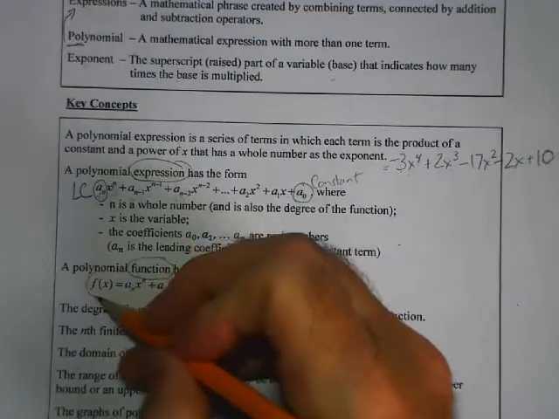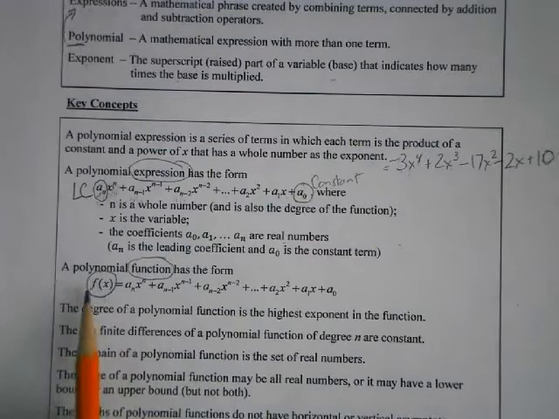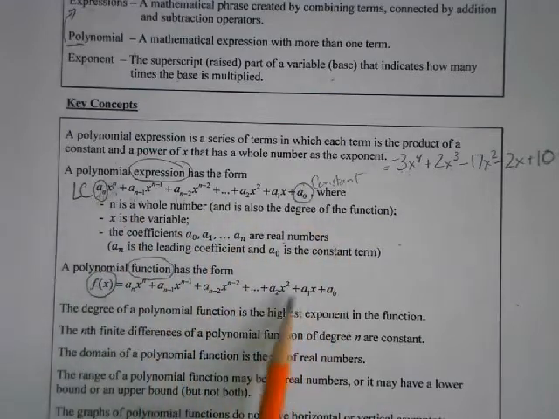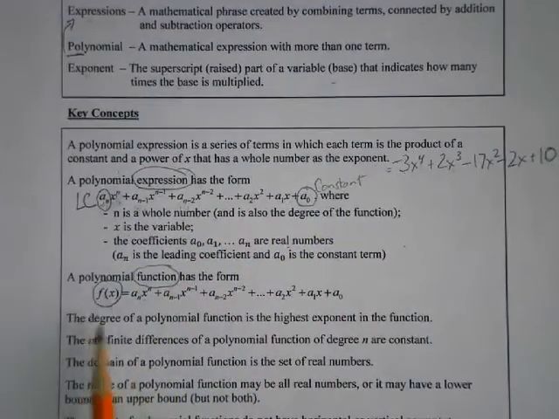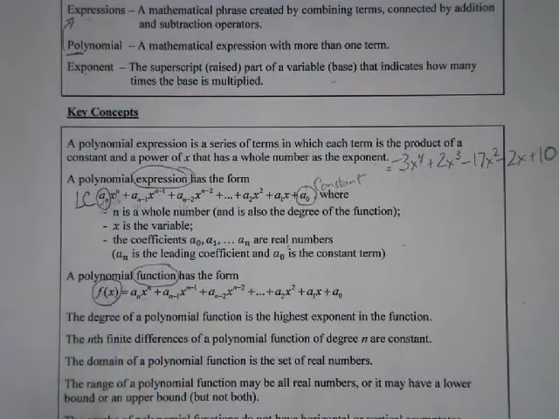So that tells us f of x equals, that tells you it's a function. Of course, that could be a different letter than f. And the rest of this is basically the original polynomial expression. We've just added f of x equals to the front.